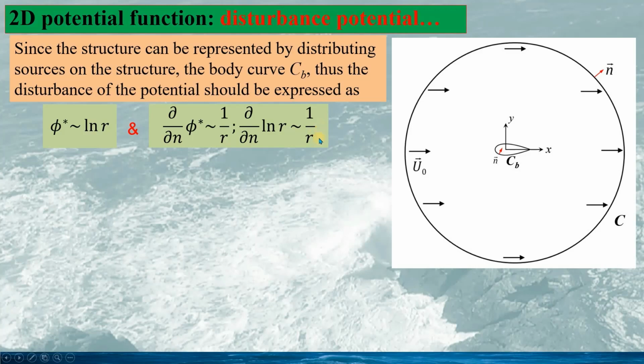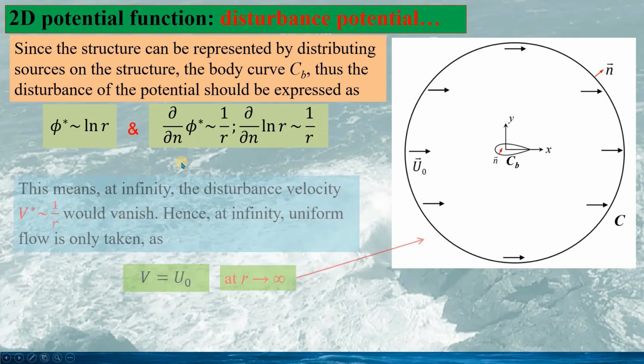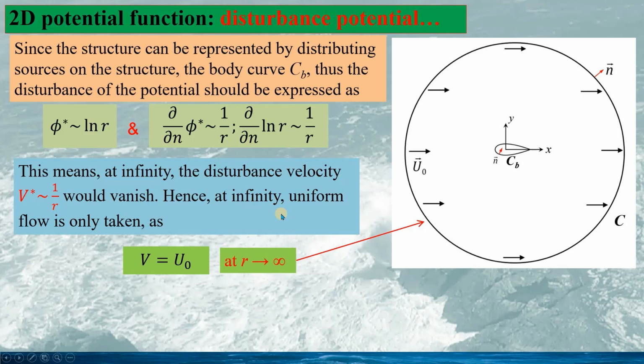So this means at infinity, if the control curve is very large, the disturbance velocity V star would be proportional to 1 over r. It would vanish when r is large enough.